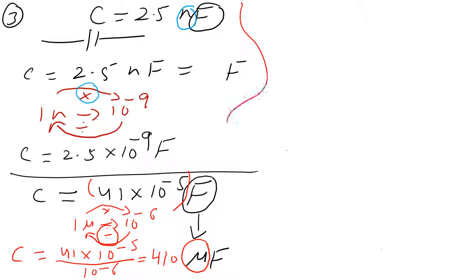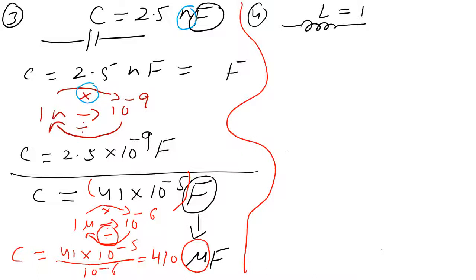And after this, there is another component, and that component is the inductor. So what are the possible units we use for the inductor? Here it is an inductor, and if we say the value of the inductor is 18 millihenry, Henry is the unit for the inductor.